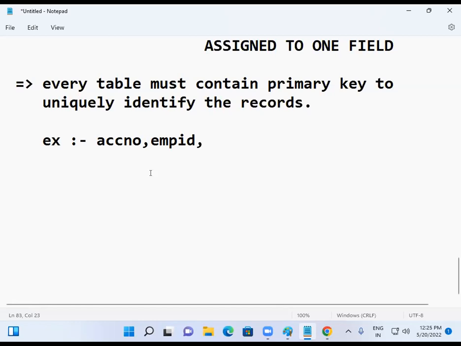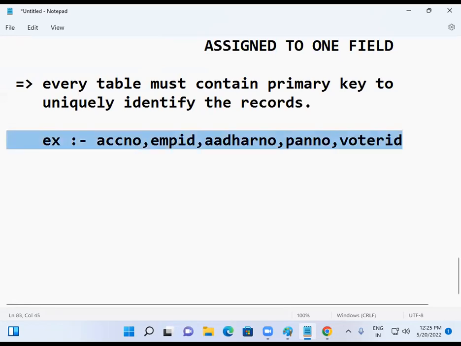Earlier there was no mechanism to uniquely identify persons, and that became difficult for the government, so they introduced Aadhaar number. How does the income tax department uniquely identify taxpayers? PAN number. How does the election department uniquely identify? Voter ID. These are all examples of primary keys. The main purpose is to uniquely identify.